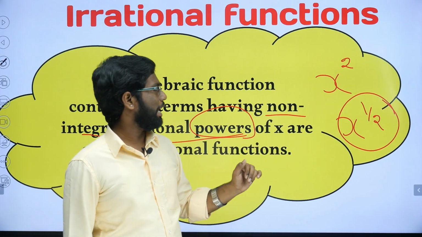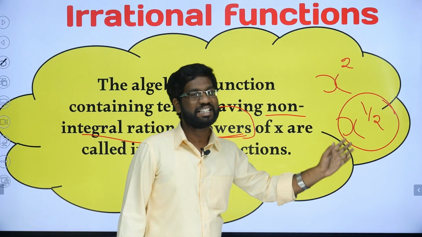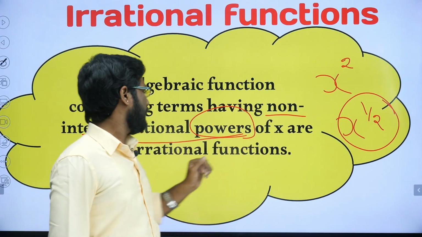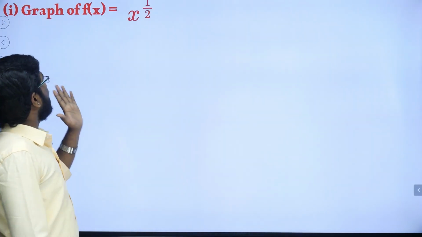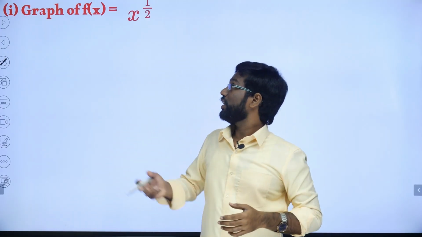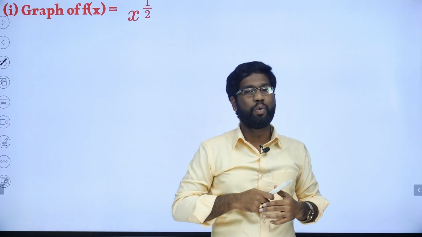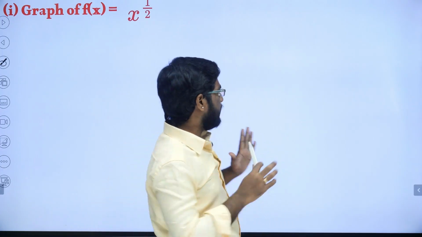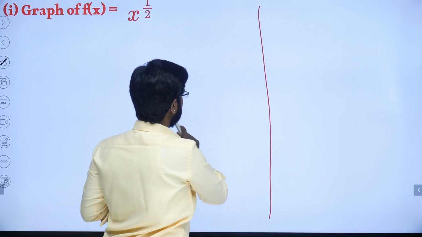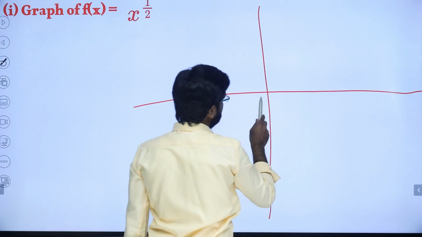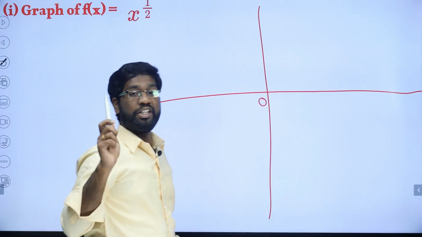Now let's draw the graph, my dear students. Today we are going to see x power 1 by 2 only. So for the irrational function, now we are going to draw the graph of f of x is equal to x power 1 by 2. Before drawing the graph, I always used to ask you, what is the domain? Domain and range are very important.